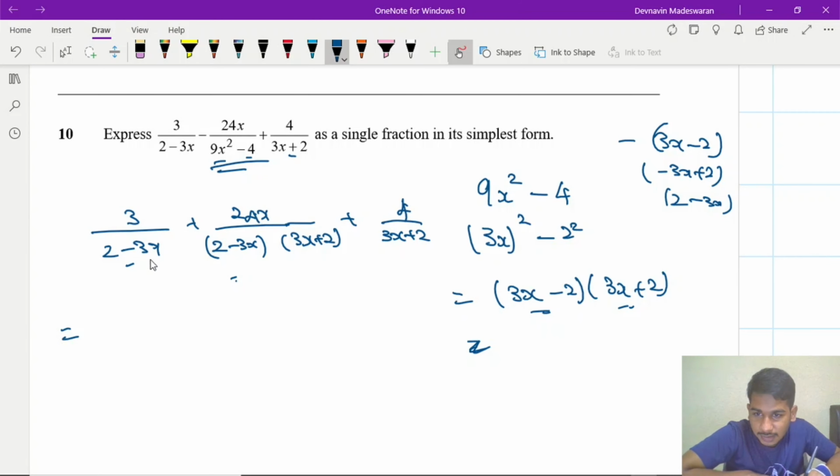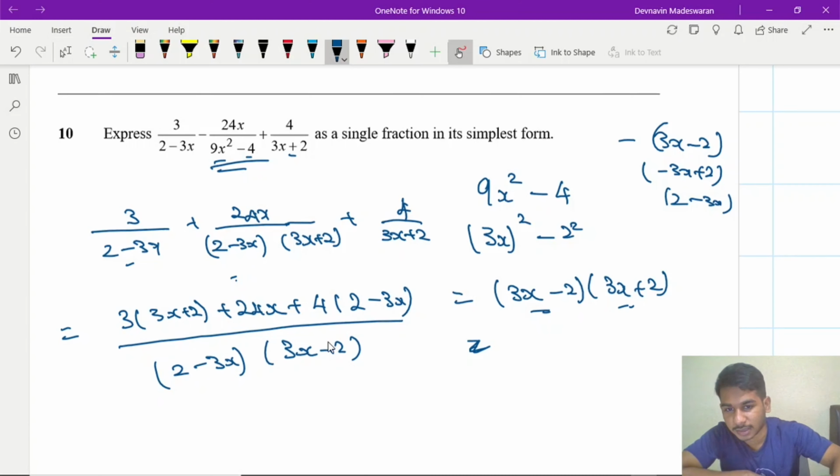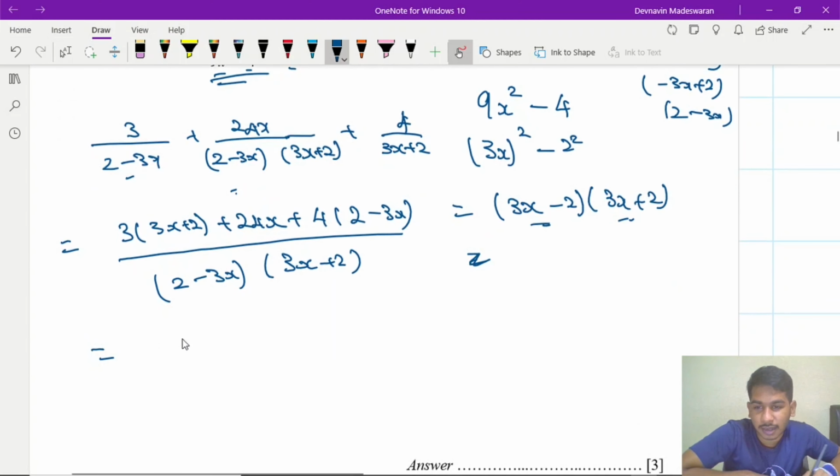So now let's make everything share the common denominator. I need to multiply this by 3x plus 2. The middle one remains the same. Then multiply this by 2 minus 3x on both sides so it remains the same. So 4 times 2 minus 3x, the whole thing over 2 minus 3x times 3x plus 2, and then I will expand it out.